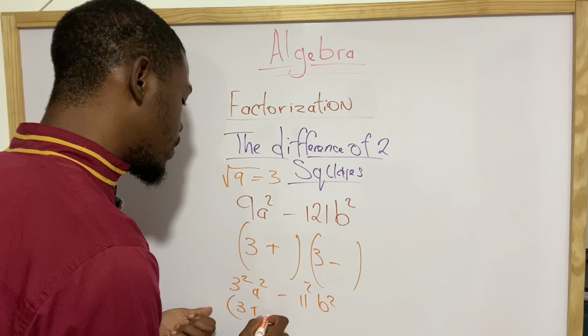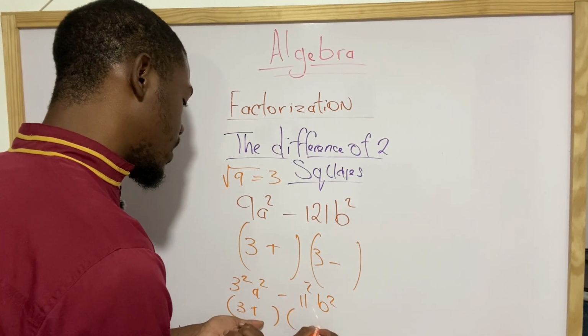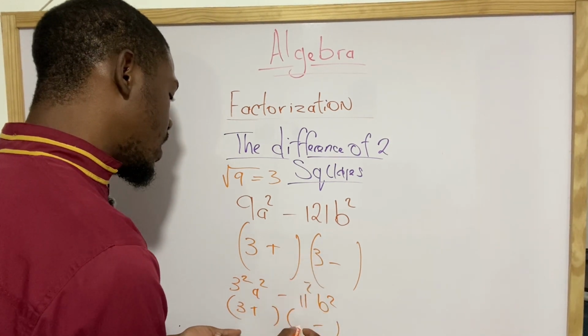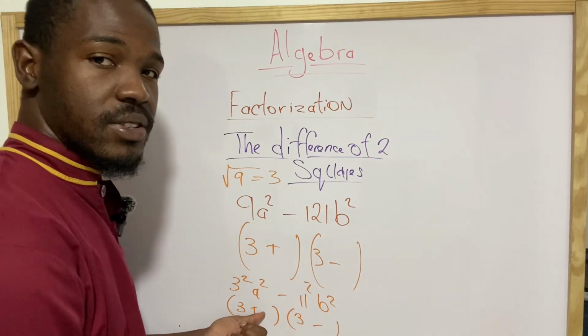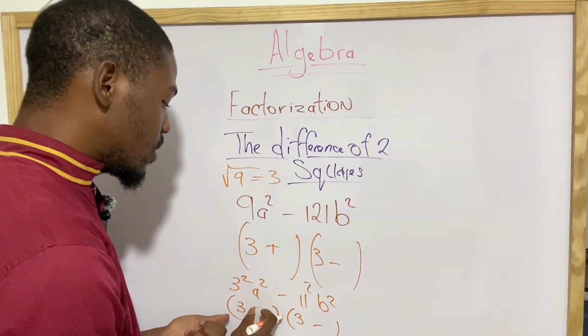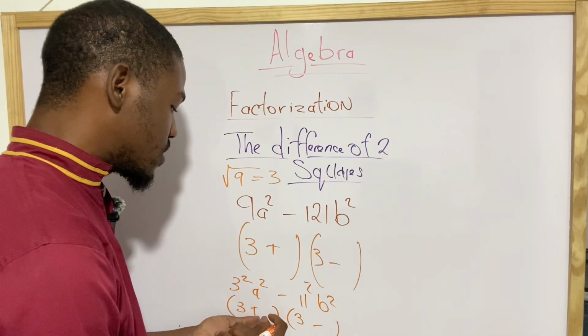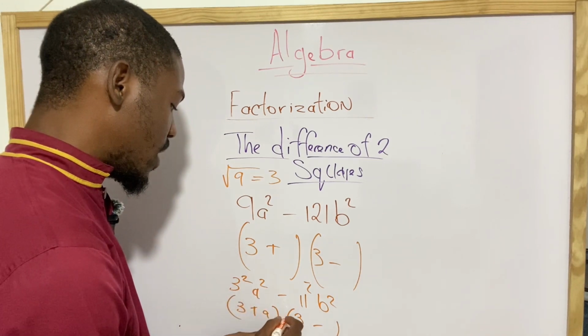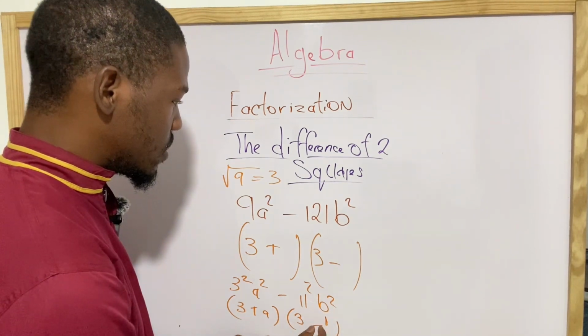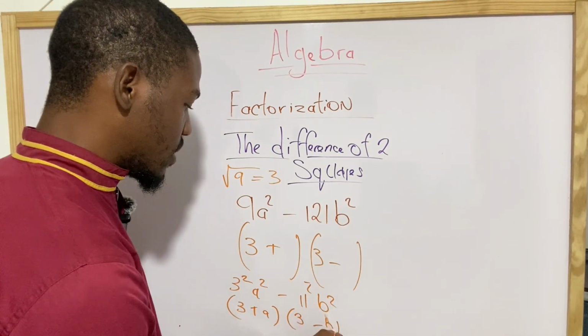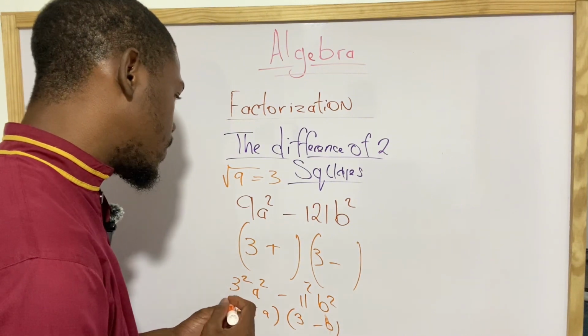So we have our double brackets, one positive, one negative, and then this 3 would be right there, plus a, and this would be b. Right, that would be b right there.